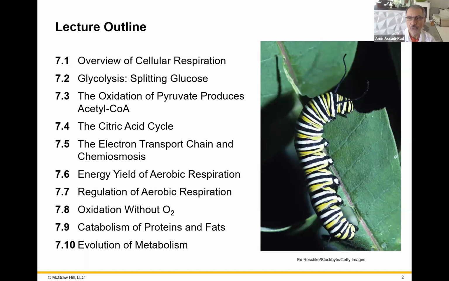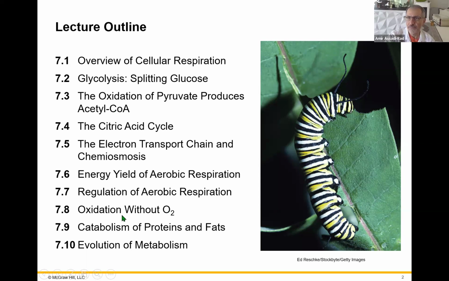You will see that in glucose. The citric acid cycle, electron transport chain, they're in the sequence of events that yield energy in aerobic respiration. Regulation of aerobic respiration. Very good. Oxidation without O2, you will see that.